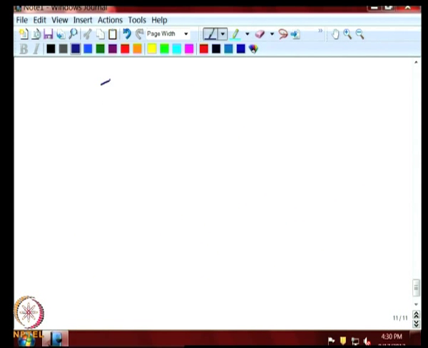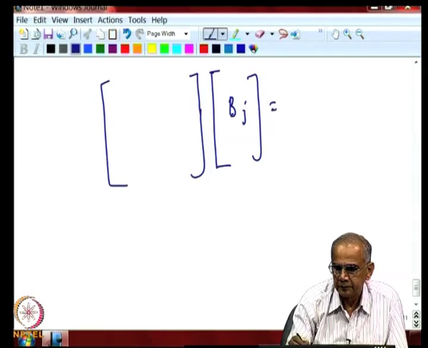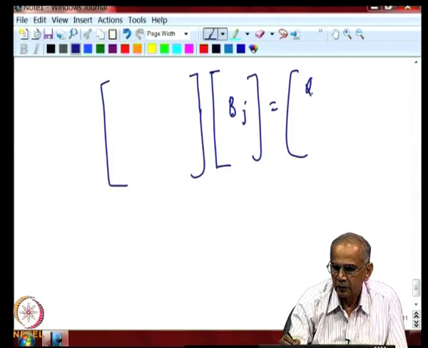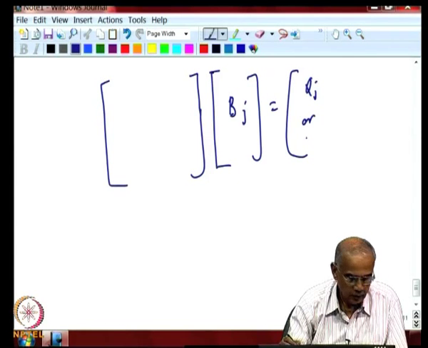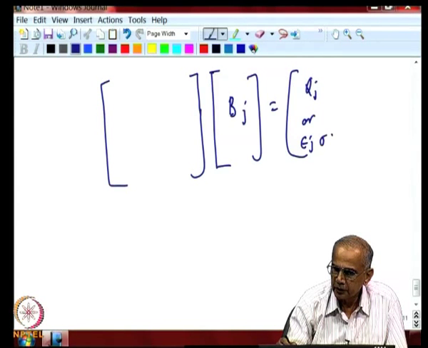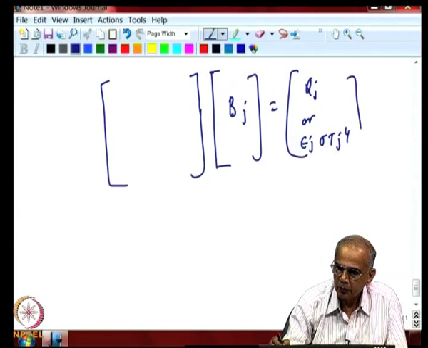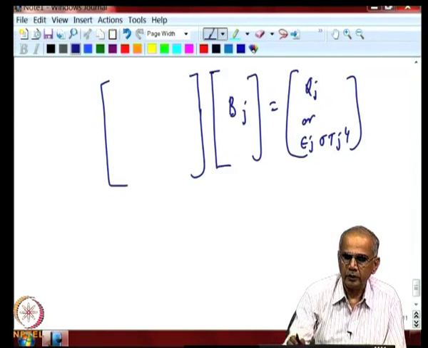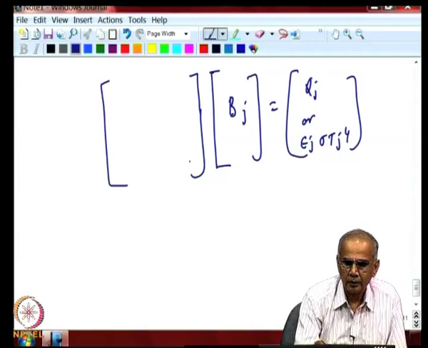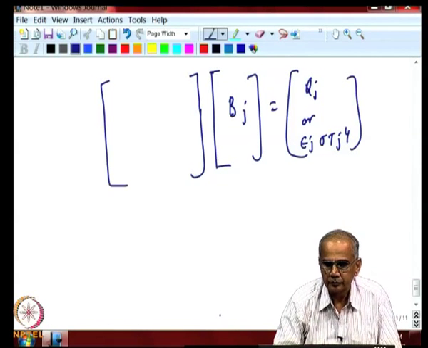So, broadly you have a matrix of unknowns, and these are the Bj's, and these are either Qj or epsilon j sigma Tj to the power of 4, one of the two depending on which is specified, and accordingly the matrix element will change.